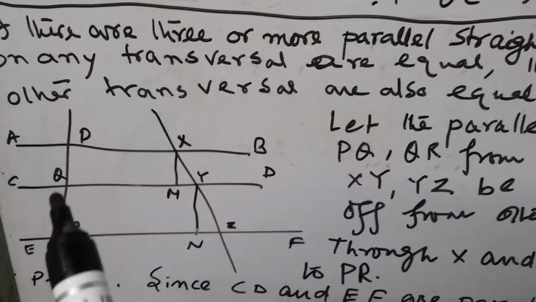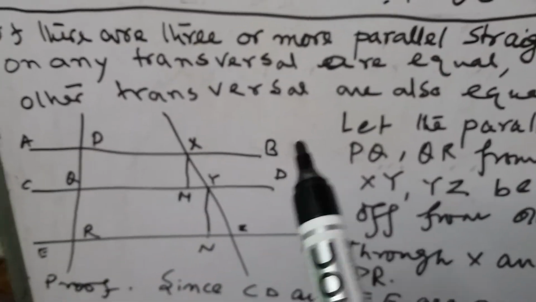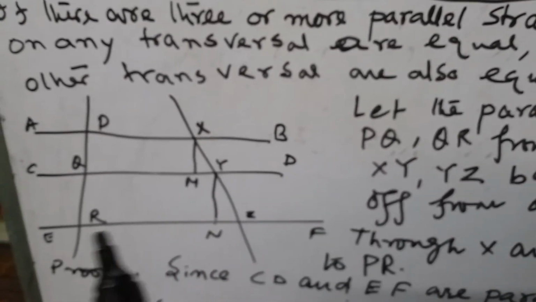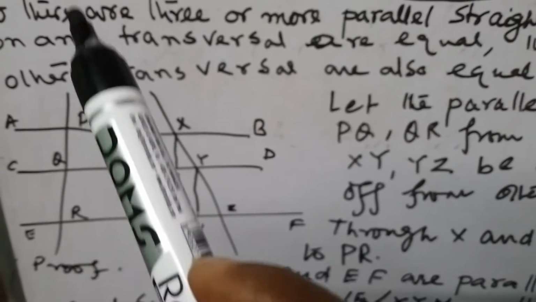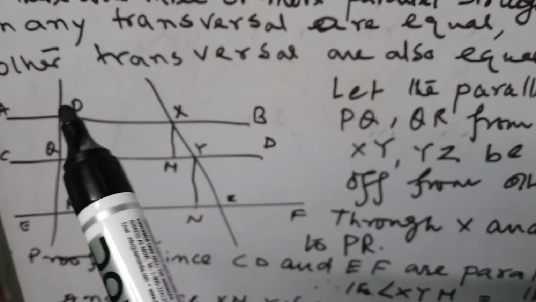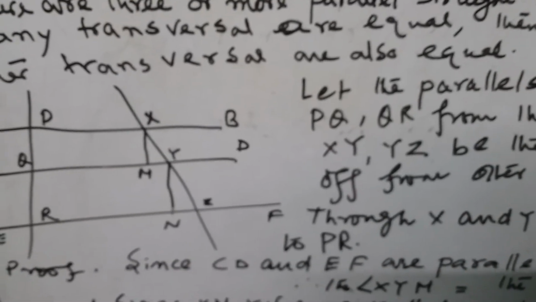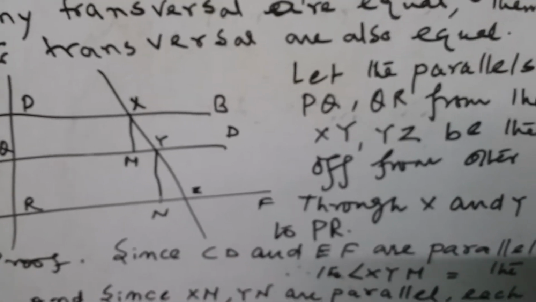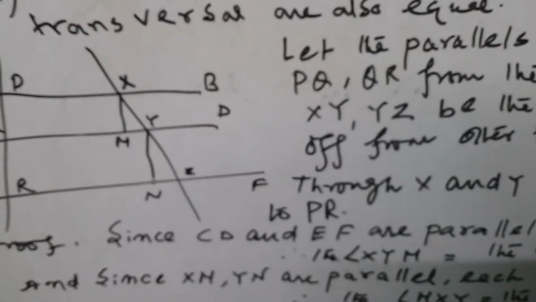Again, we describe that these straight lines are parallel, and this is a transversal. If PQ equals QR and XZ is another transversal, then XY equals YZ. We have to prove this.